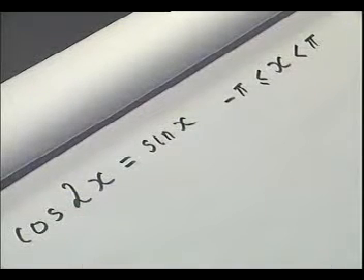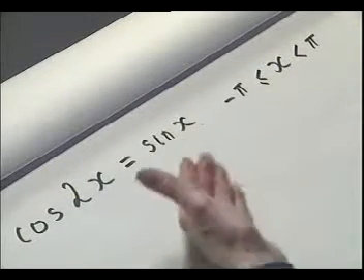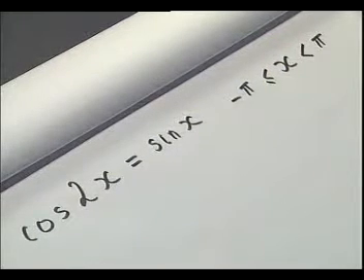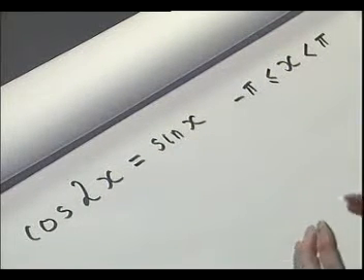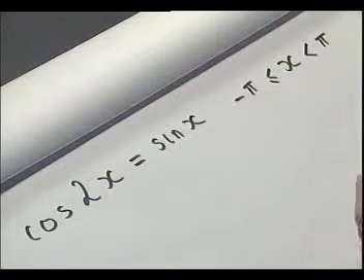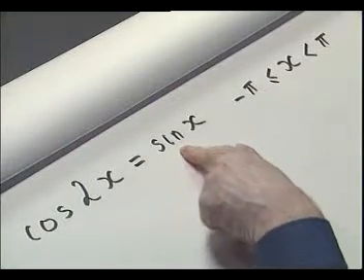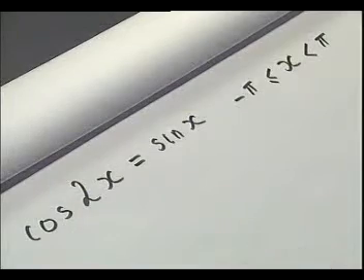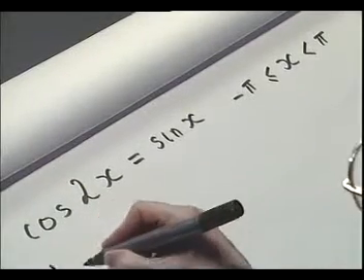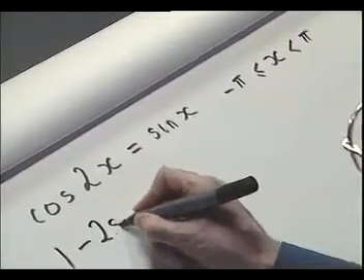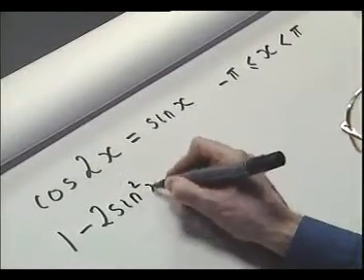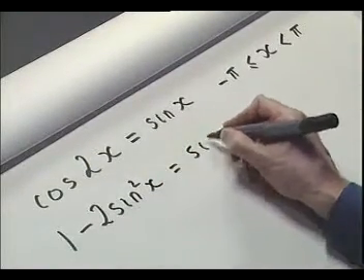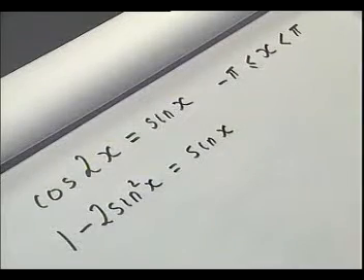Which one do we choose? Well, if I want to solve an equation like this, I really need it all in terms of one trig function. Not 2, but 1. And here I've got sine x. It therefore makes sense here to replace this by 1 minus 2 sine squared x equals sine x.